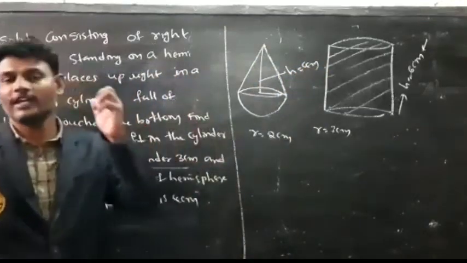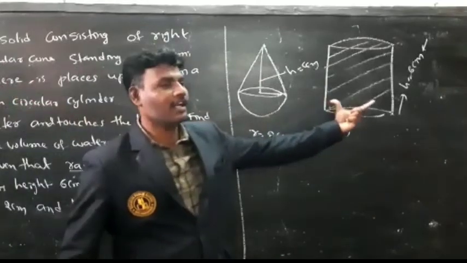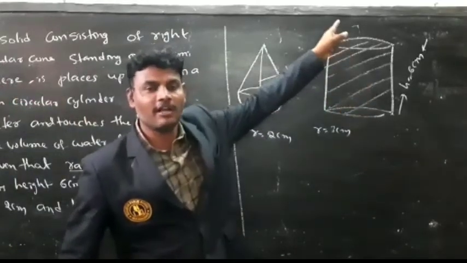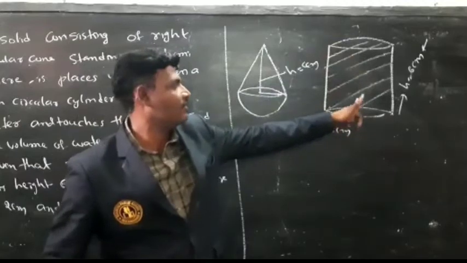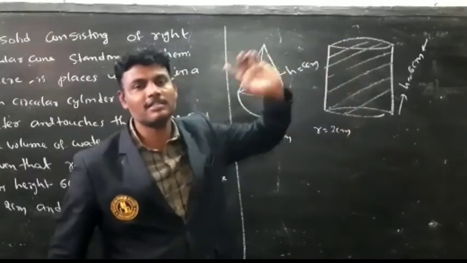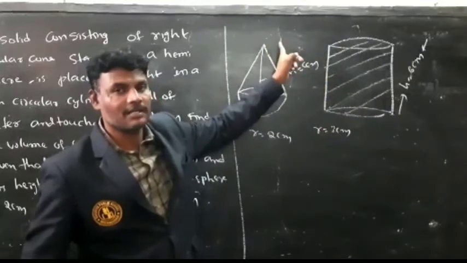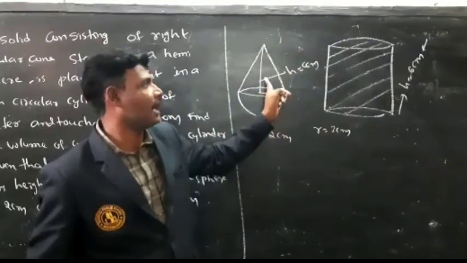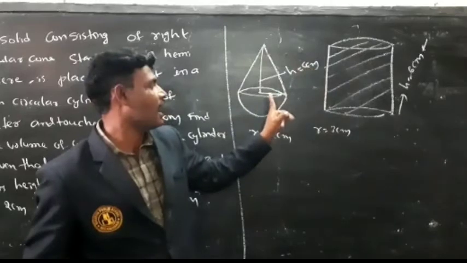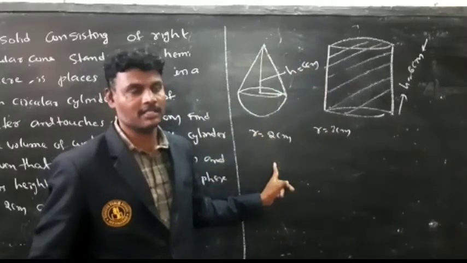So here two figures are there. One is in the shape of a cylinder. It is already filled with water, with radius 3 centimeters and height 6 centimeters. Then one solid: a cone is surmounted on a hemisphere. The height of the cone is 4 centimeters and radius is 2 centimeters.